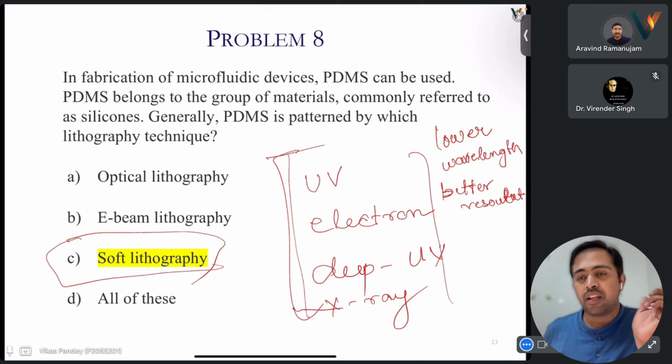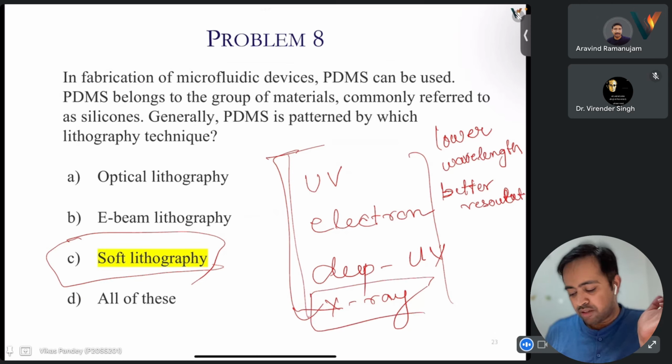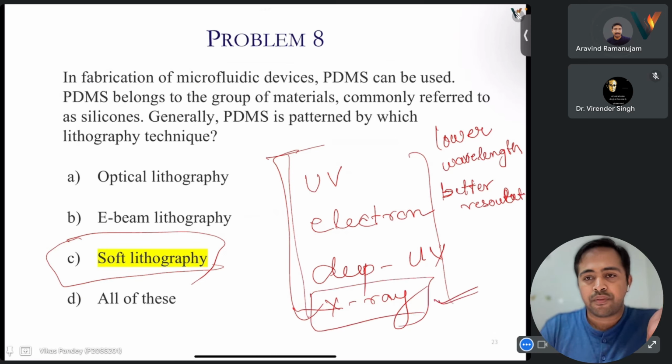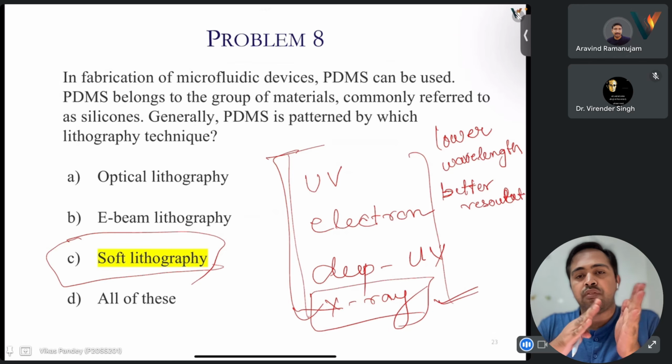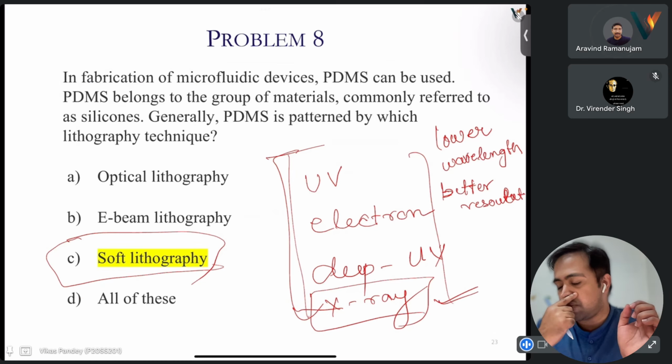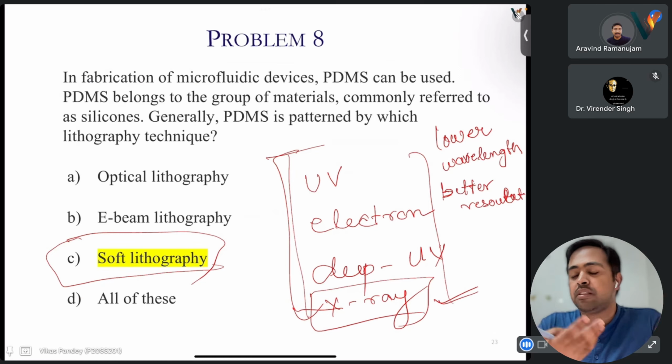So in total, we can say X-ray will be better. But since electron beam is cheaper than X-ray lithography, we go for electron beam lithography.